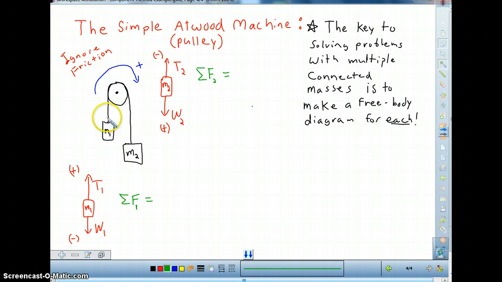So up is the positive direction on mass 1, however down will be the positive direction on mass 2 as it goes around that pulley. We're going to be consistent with that, which is probably a little different from what we've run into before.